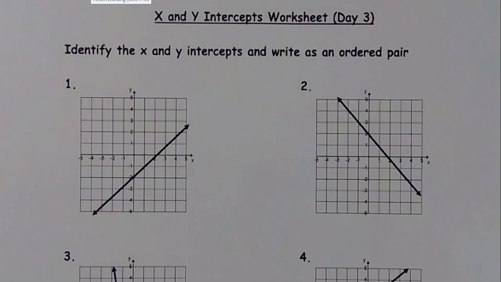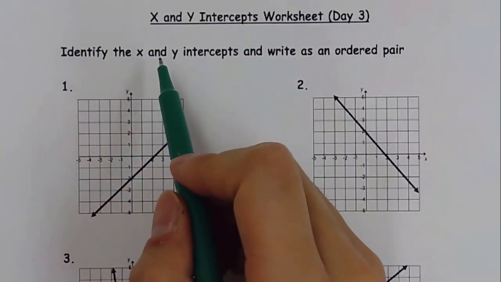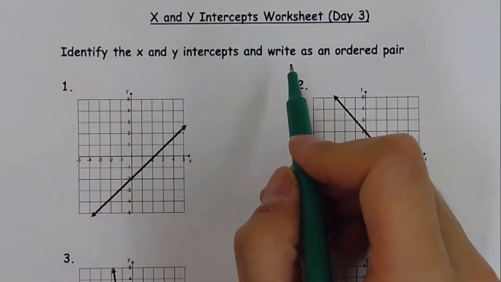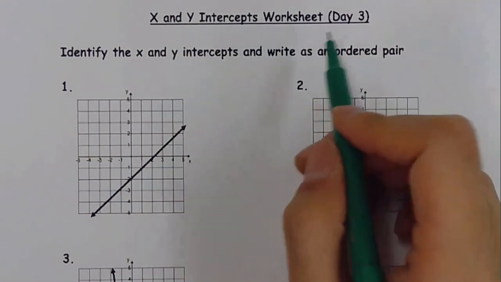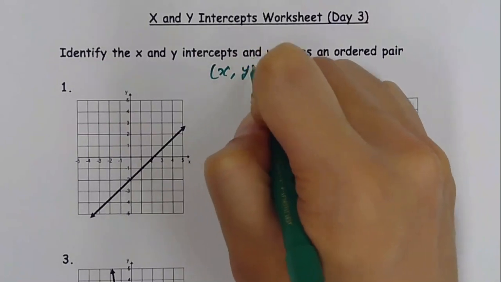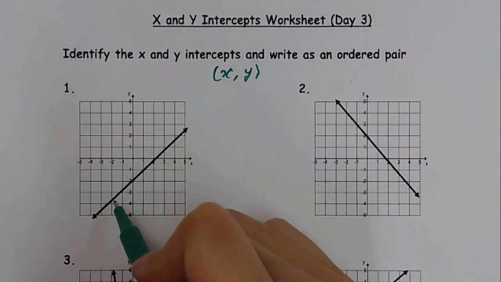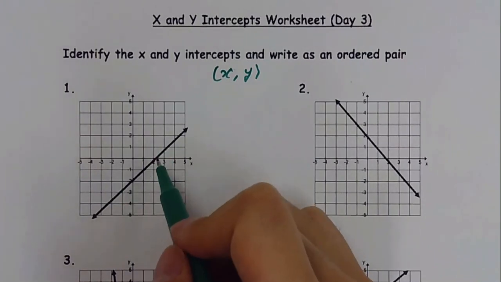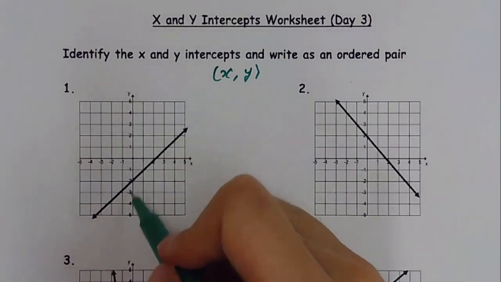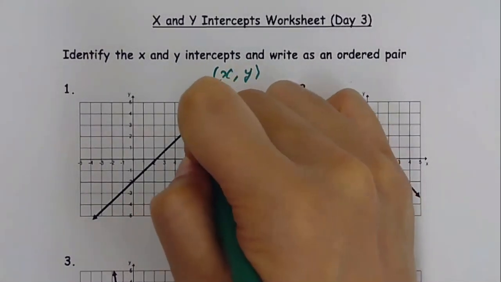Let's try to find the x and y intercepts on the graph. This says identify the x and y intercepts and write as an ordered pair. An ordered pair is the coordinate that we used to see as x, y in brackets. Again, intercepts mean where this graph meets the axis. Let's try to find the x-intercept first.